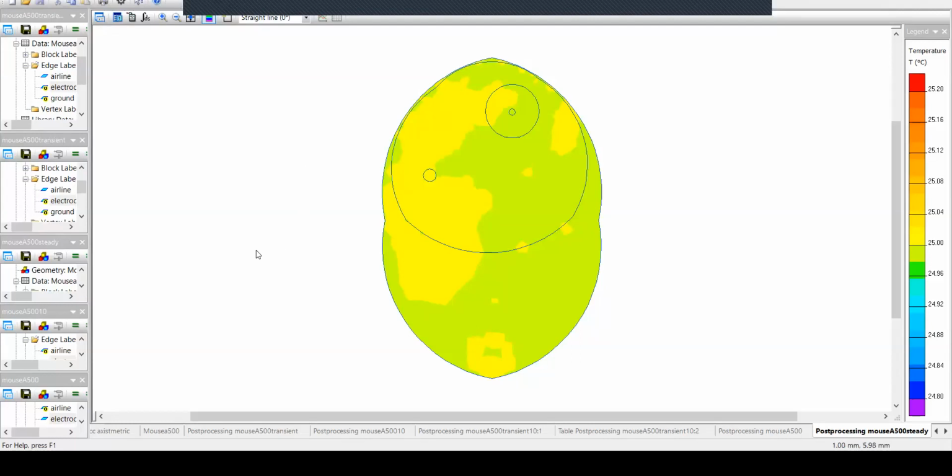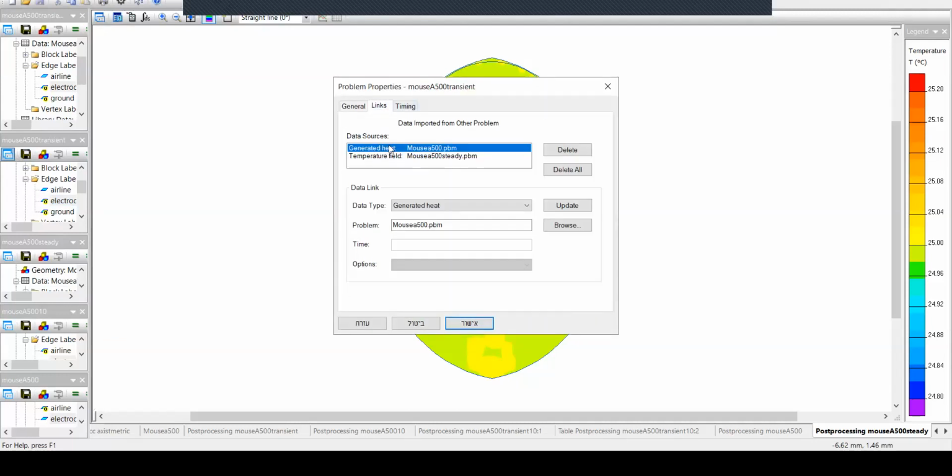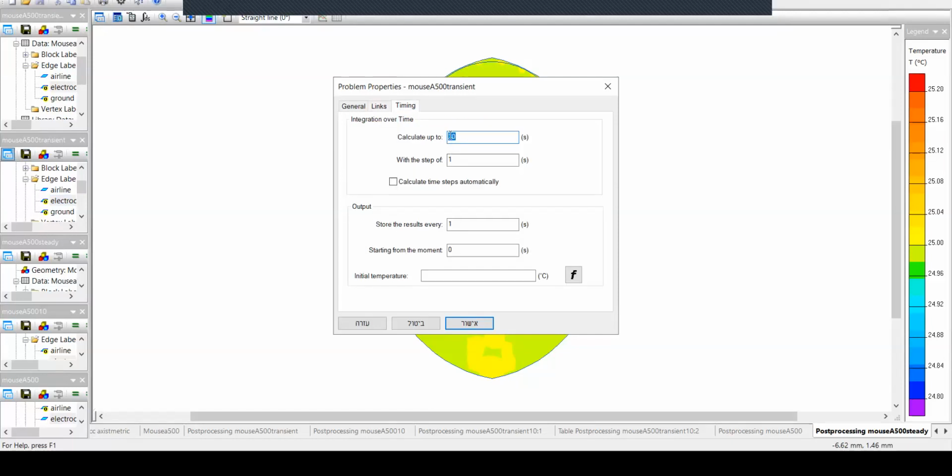Then heat sources were imported from the DC conduction problem and the steady state heat transfer problem we solved for the thermal field problem. So here is the transient heat transfer problem. We link a DC conduction problem and the steady state heat transfer problem, all with the same geometries. And we pulse for 10 seconds, that's all.